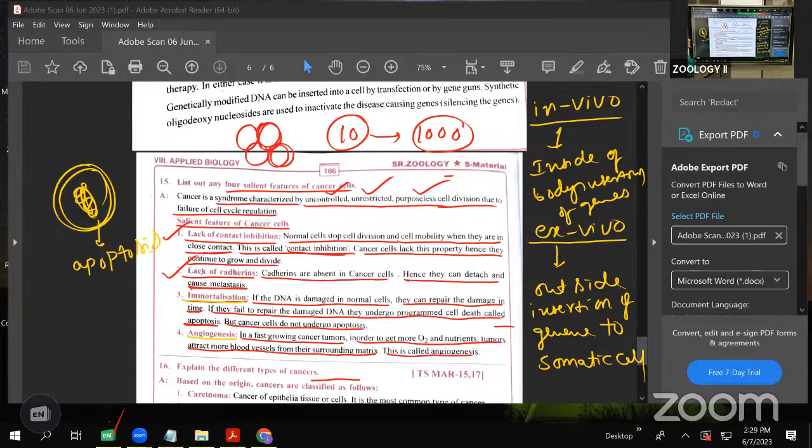That we call angiogenesis. Fast-growing cancer tumors get more blood circulation because they need more oxygen and nutrients. That condition is called angiogenesis.